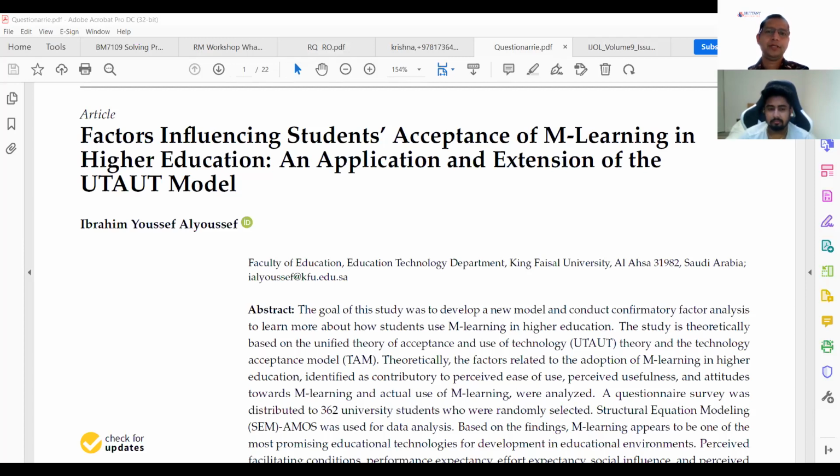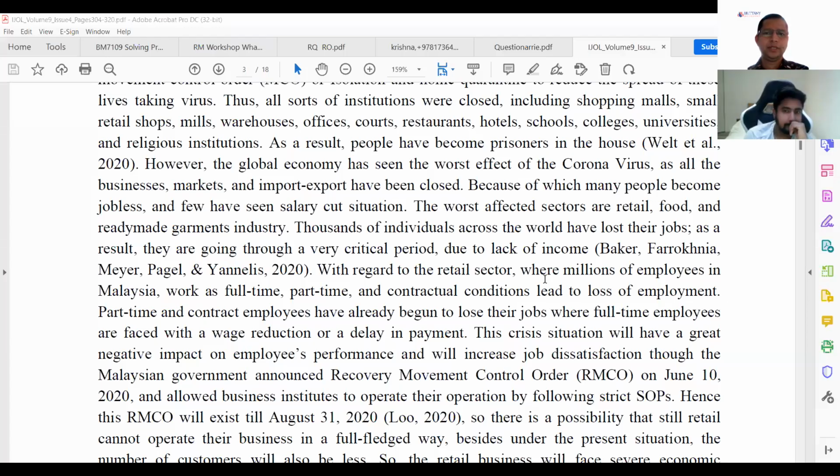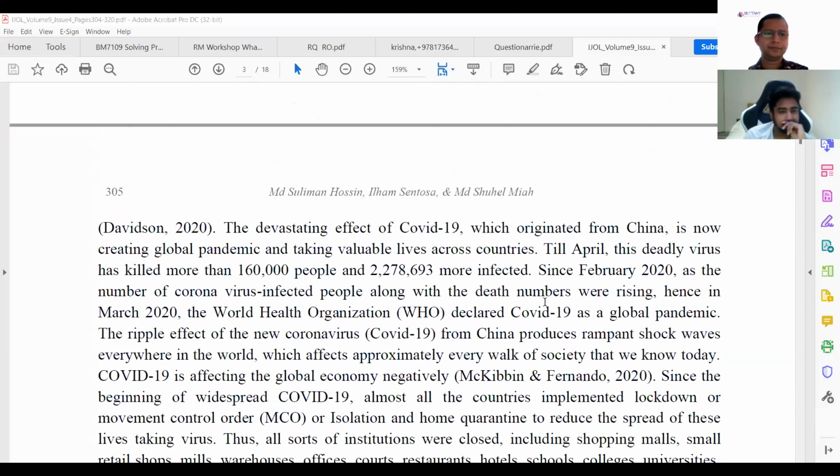Okay, now come here. Let me show you this article. This article. Read here, the one I'm underlining, then you'll get the answer.